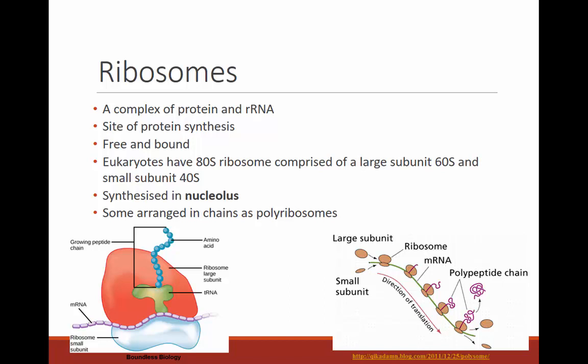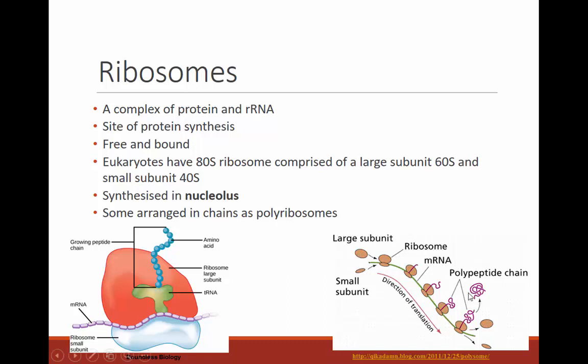Ribosomes are the ones that help with that protein modification, etc. So it's quite complex. If you look at the ribosome itself, you've got basically two subunits, a big one and a small one. And they attach to that mRNA.